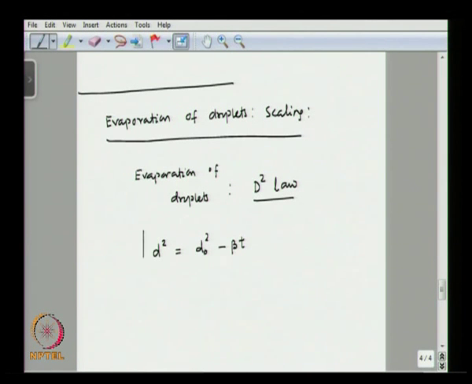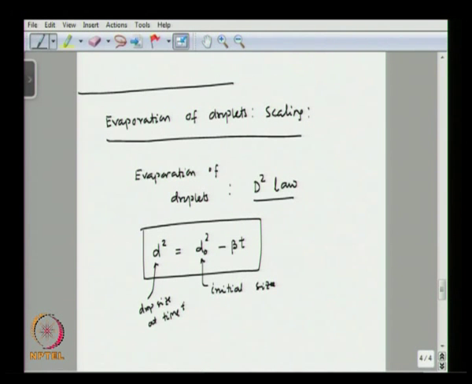So let us say we have a droplet. This is the initial size of a droplet, and this is the drop size at time t, and this is time, and beta is a constant that is independent of droplet size.